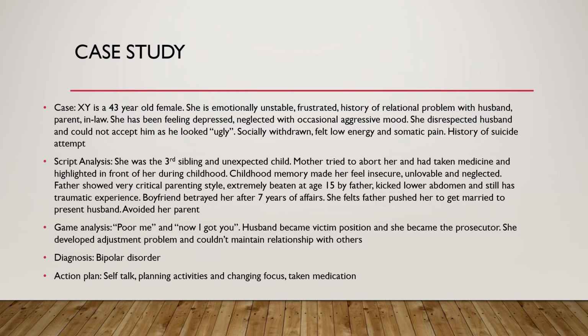Childhood memory made her feel insecure, unlovable, neglected. Her father showed a very critical parenting style; she was severely beaten at age 15 by her father, kicked in the lower abdomen, and still had a traumatic experience. Her boyfriend betrayed her after 7 years of affair. She felt her father pushed her to get married to the present husband, and because of that, she subsequently avoided her parents.